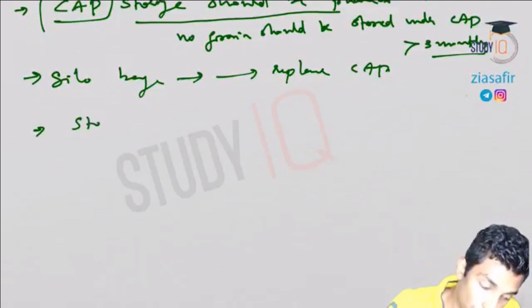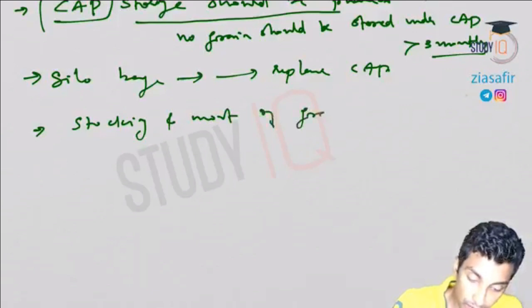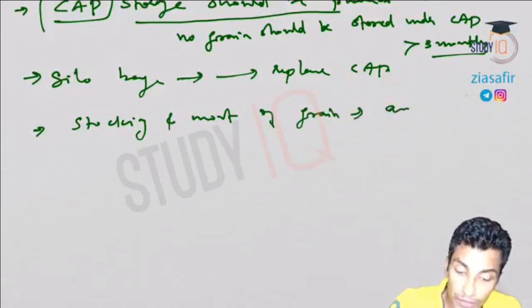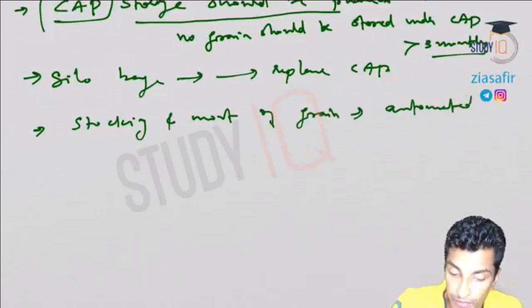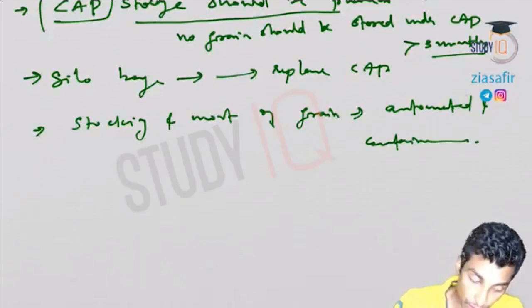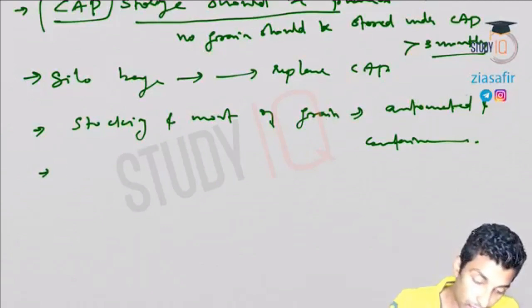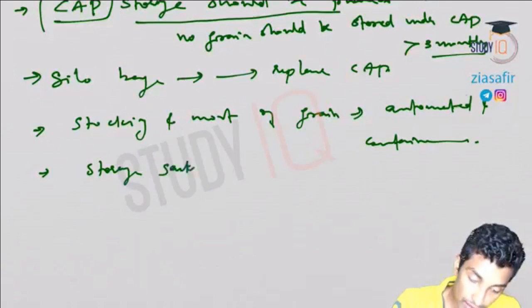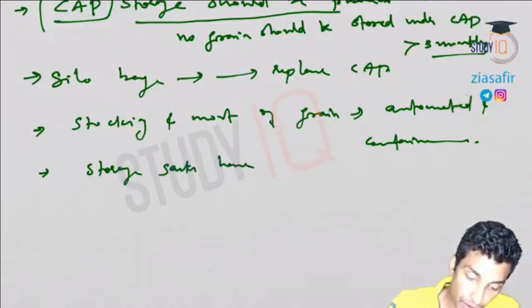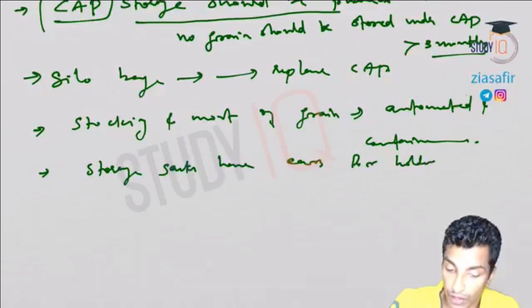So stocking or storage and movement of grain should be automated and containerized, okay. Storage sacks should have ears for holding.